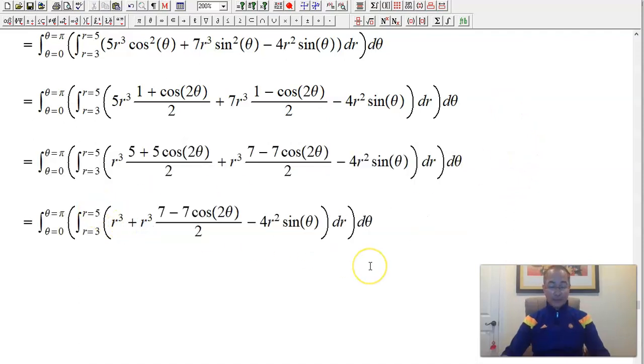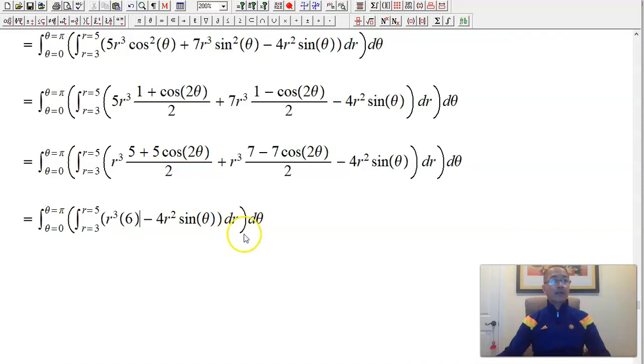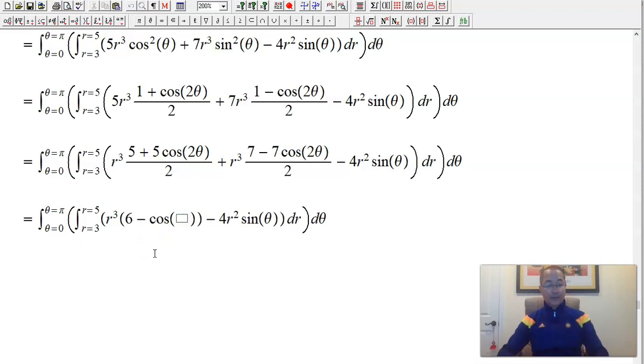R cubed gets multiplied by 6, and then how about the cosine 2 theta? 5 minus 7, negative 2 over 2, negative 1. So minus cosine 2 theta.